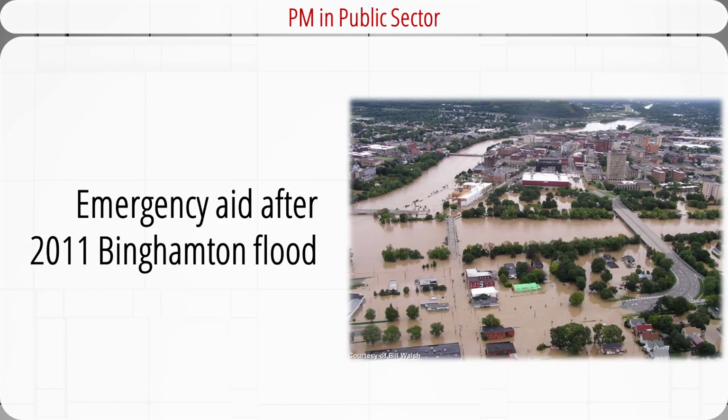Project management is also a vehicle for doing good deeds and solving social problems in the public sector. An example of a public sector project is the emergency aid provided by the federal and state governments to Binghamton after the 2011 flood to help with rescue and recovery efforts.